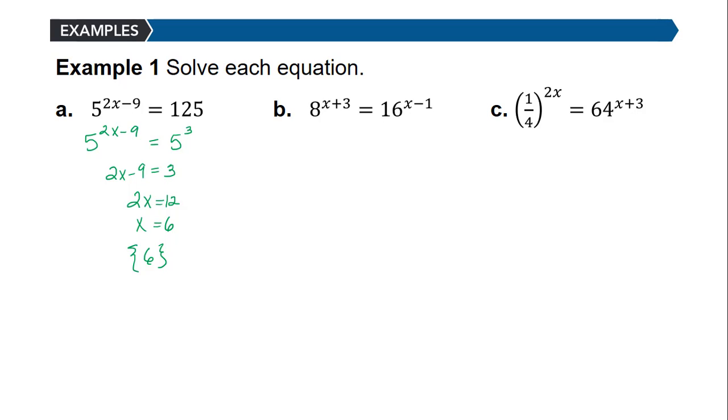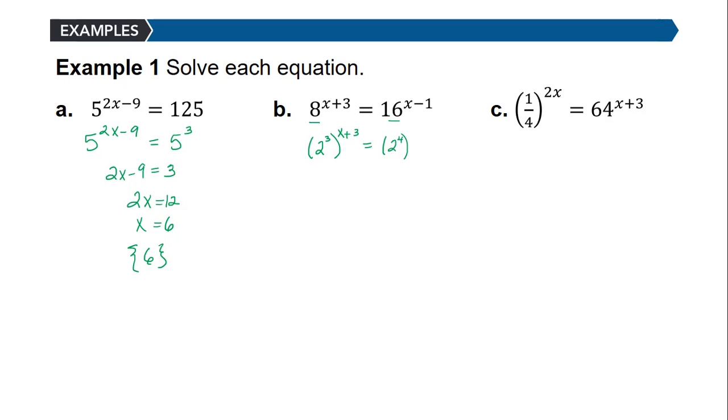B is 8 to the x plus 3 equals 16 to the x minus 1. These don't have the same base initially, but you're trying to think, can I rewrite 8 and 16 with a common base? And I can if I think about that, right? 8 is the same thing as 2 cubed, so we have 2 cubed to the x plus 3, and 16 is the same thing as 2 to the 4.